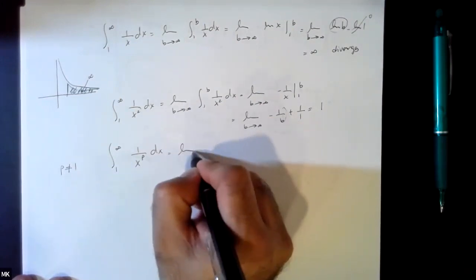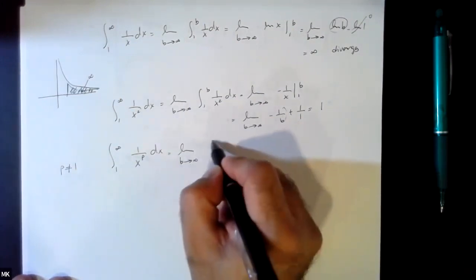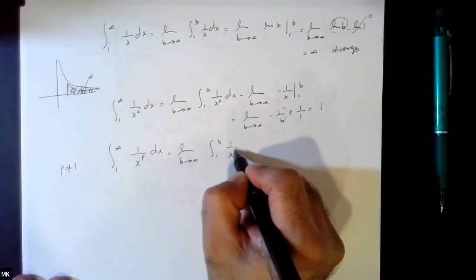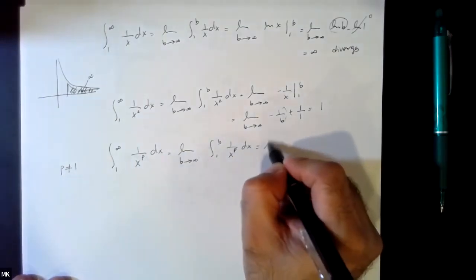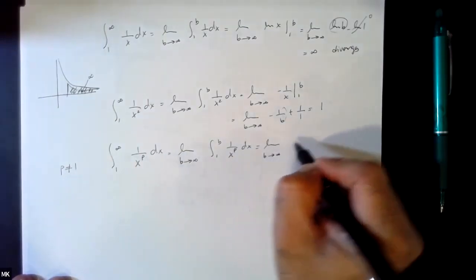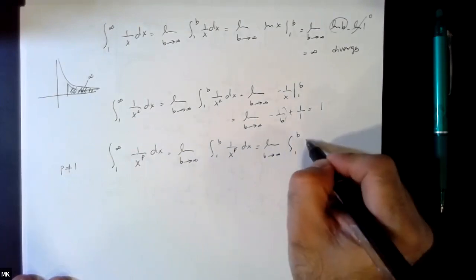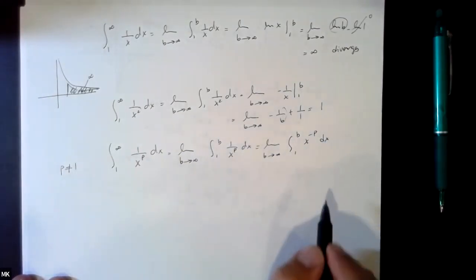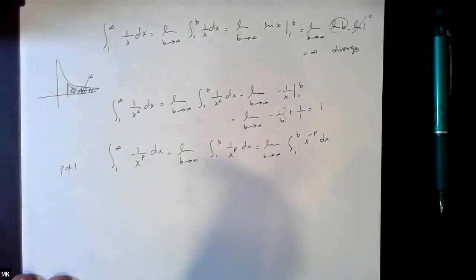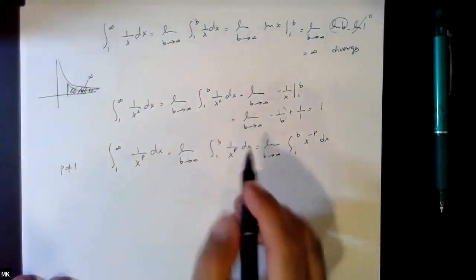So once again, it's going to be the limit as b goes to infinity of the integral from 1 to b of 1 over x to the p dx. Let's write it the way we are more comfortable with: limit as b goes to infinity of the integral from 1 to b of x to the negative p dx. Since p is not 1, I can just apply the power rule to this.